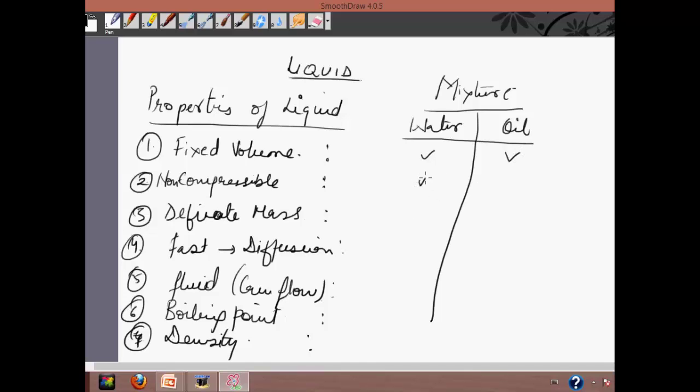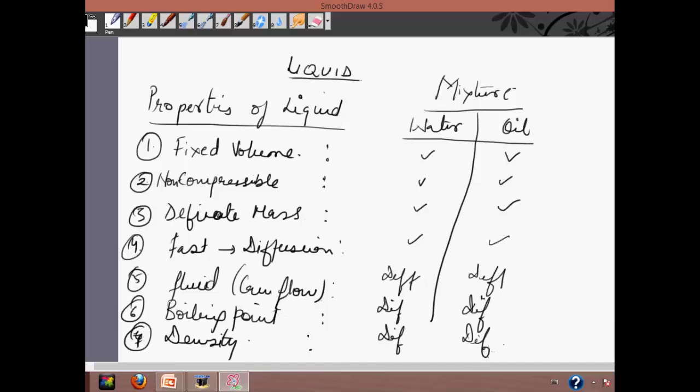Non-compressible, yes, both cannot be compressed. They have a definite mass, yes. They diffuse, yes. Fluidity, yes, but there is a difference in fluidity. They have different boiling points also. Density, exactly, they have different density also.